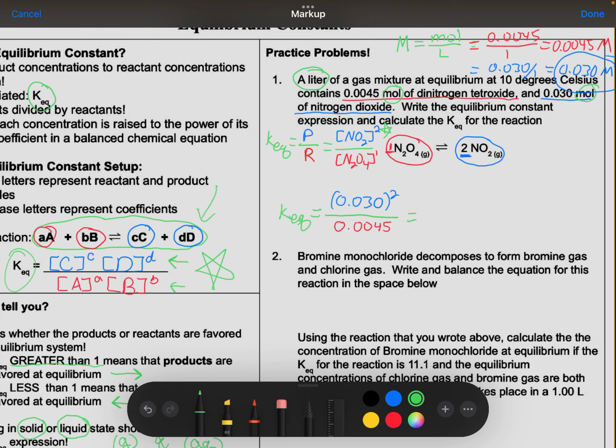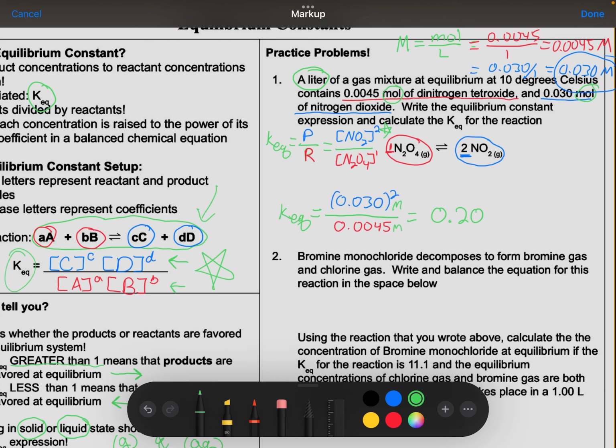So if I plug all of that into a calculator, if I do 0.030 squared and then divide that by 0.0045, you should get that your equilibrium constant is 0.20, and that is going to be your answer for this problem. Now I want to talk about units really quickly. There is no unit for KEQ, and the reason for that is because your units on top and bottom are both molarity.